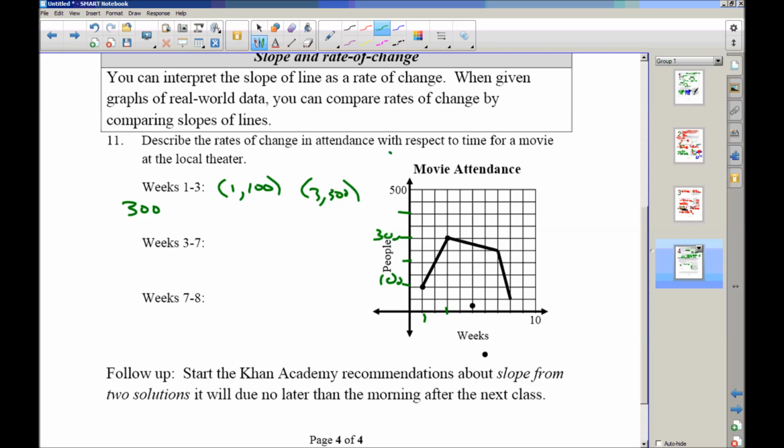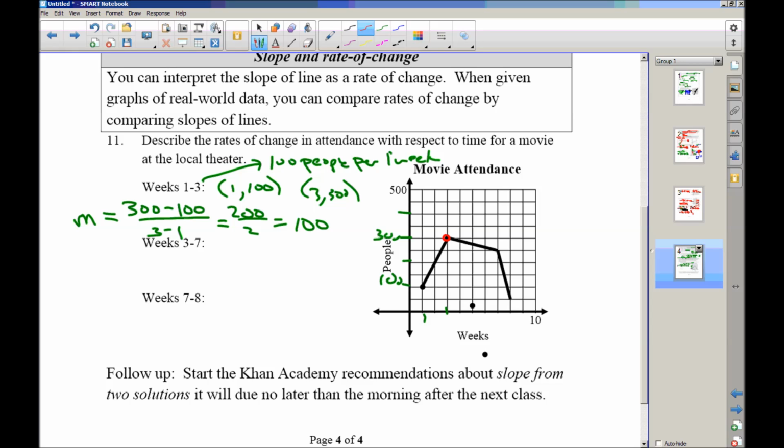So 300 minus 100 over 3 minus 1 gives me 200 over 2, which is 100. Okay, so our rate of change here is 100 people per week. So it's going up 100 people every week.